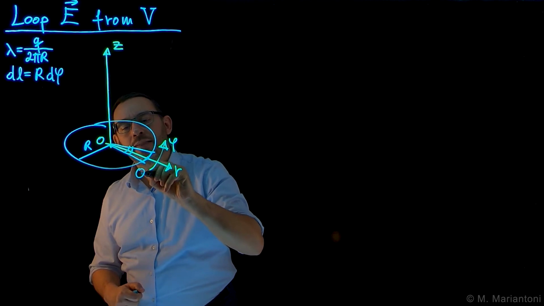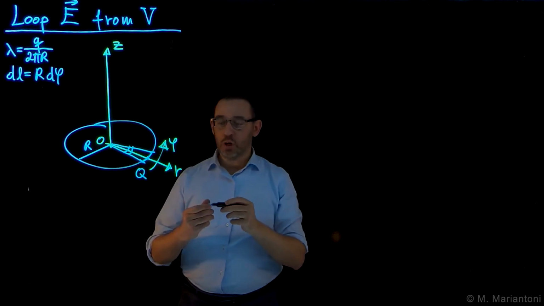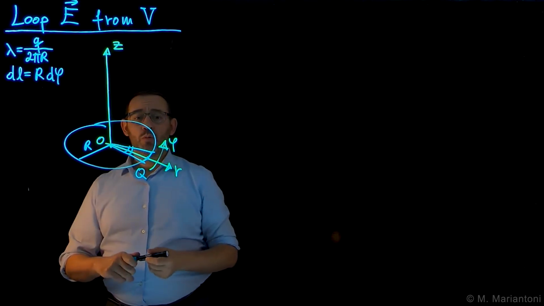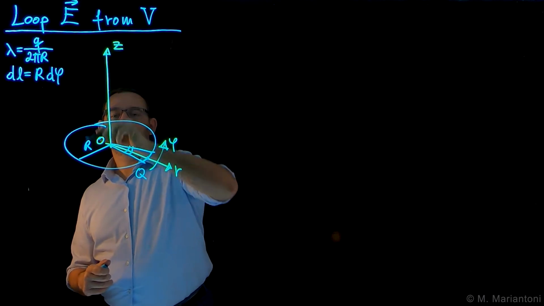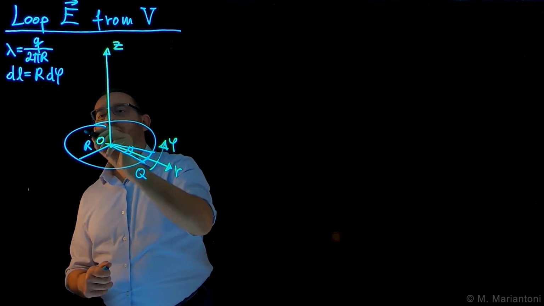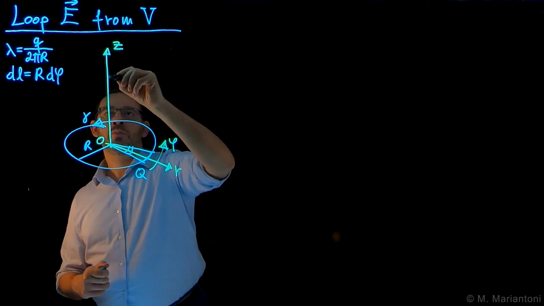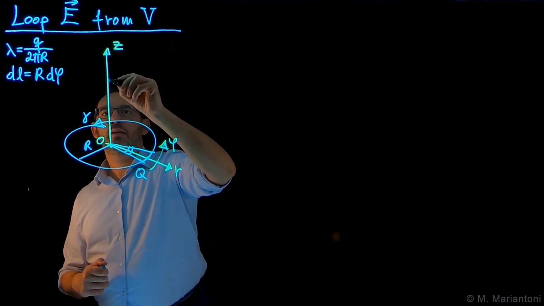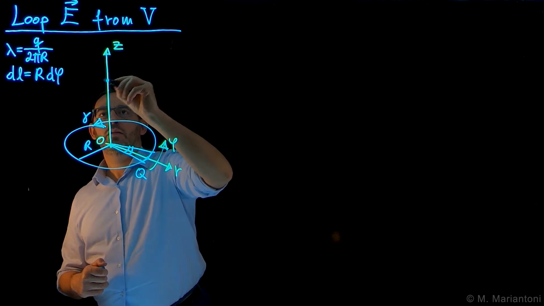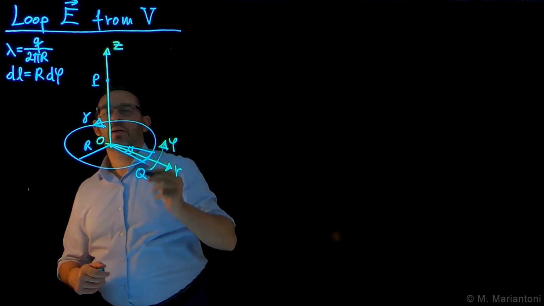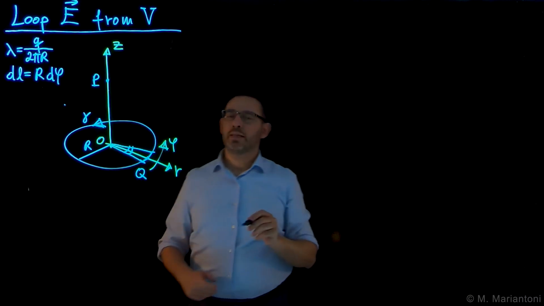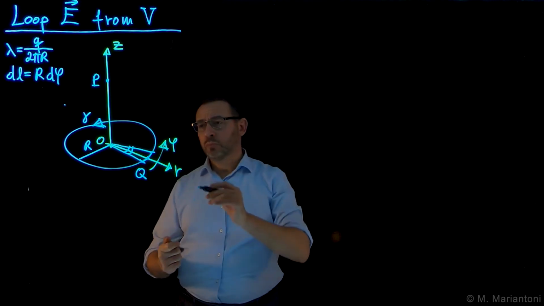This point here is capital Q, an infinitesimal source point. We want to observe the field due to this and eventually the entire circle, which we call gamma, at any point on the axis, let's say this point capital P up here. Of course, if you choose a point outside the axis, it's a very complicated problem.